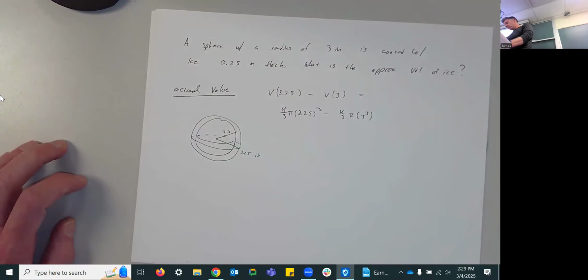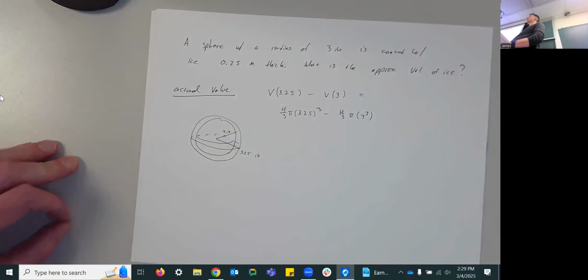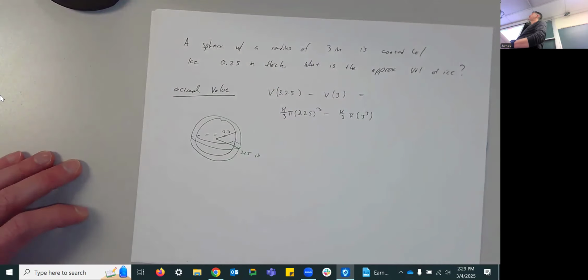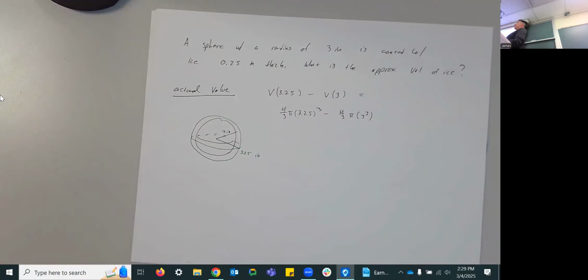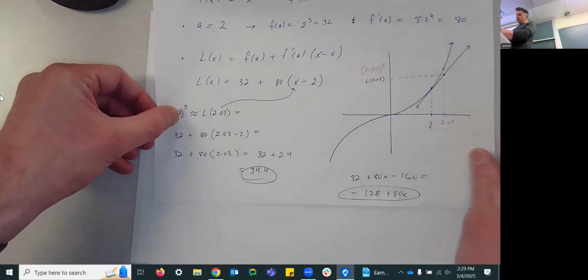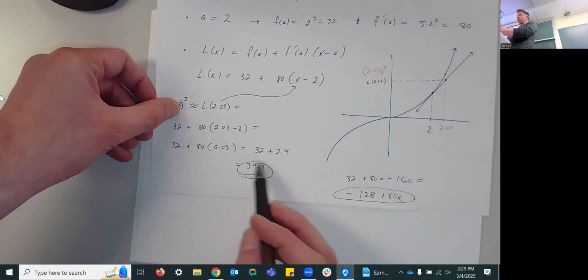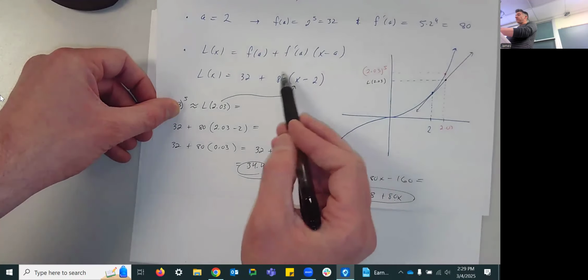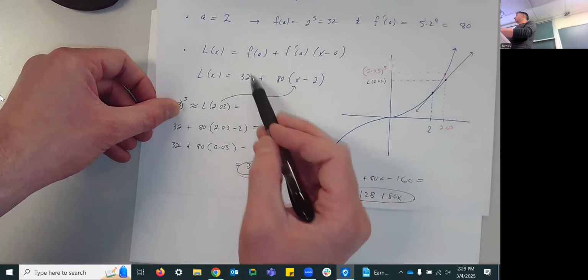Or you could use what's called the differential, where instead of approximating the new value, we're going to approximate the difference. So instead of approximating the new value here, we're just going to approximate the difference without the 3 added on.